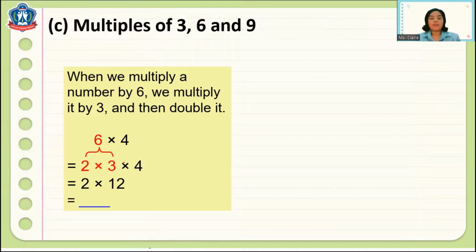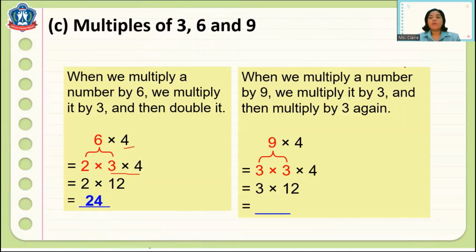We multiply first the 4 by 3. After that, we double it. So that is 12. When we multiply a number by 9, we multiply it by 3 first, then we multiply again by 3. So if we have 9 times 4, we multiply first the 4 by 3, we get 12. Then we multiply 12 again by 3, we get 36. Okay, children?